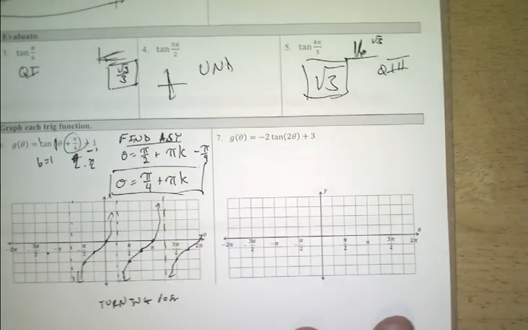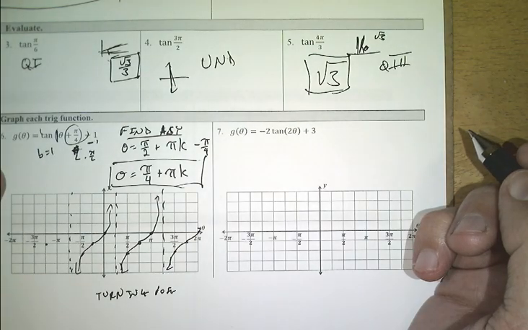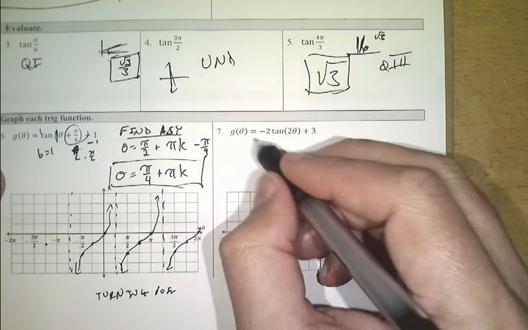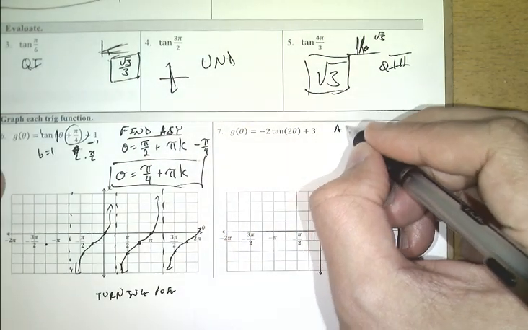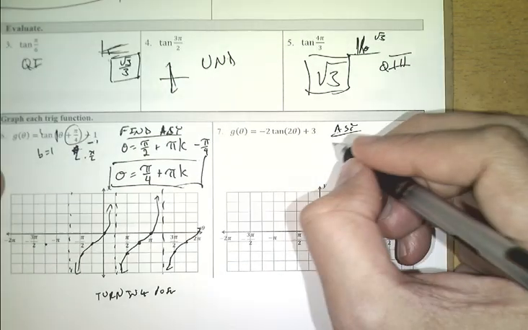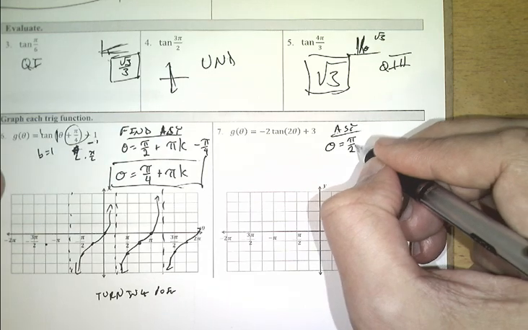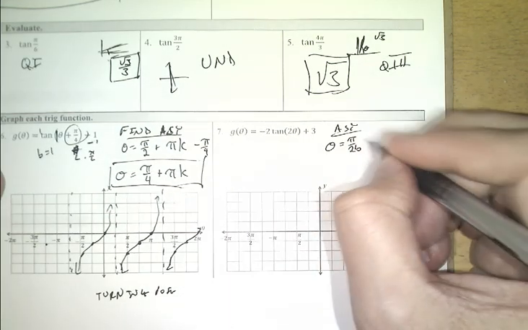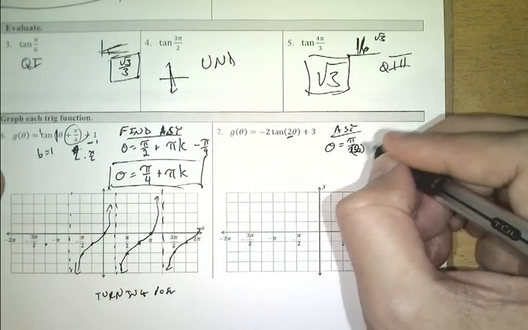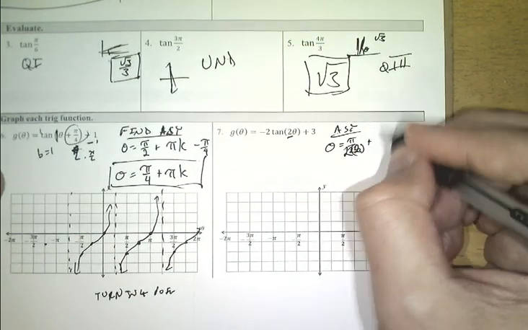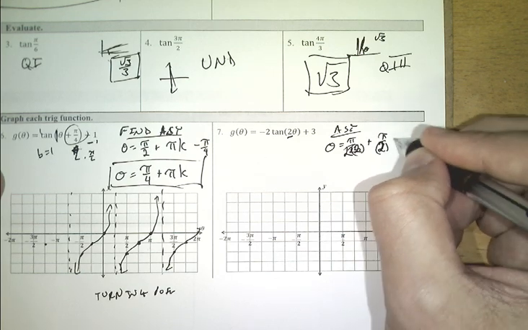Okay. This one, graph -2 tangent of 2 theta plus 3. So again, find our asymptotes. First, for tangent, that is going to be theta equals pi over 2b. And this time, b is 2. So pi over 2 times 2 plus pi over 2.